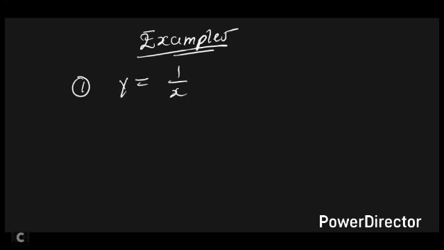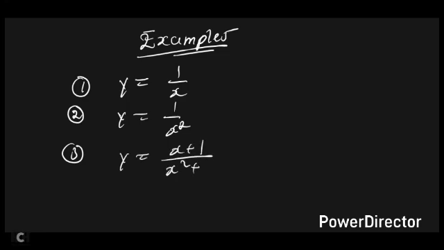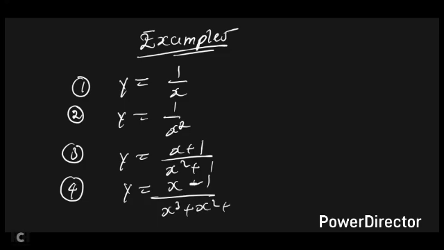The next example, y is equal to 1 over x squared. Then the next example is x plus 1 over x squared plus 1. So these are the examples of rational functions. Or x squared plus 1 over x plus 1 cubed. So these are all examples of rational functions.